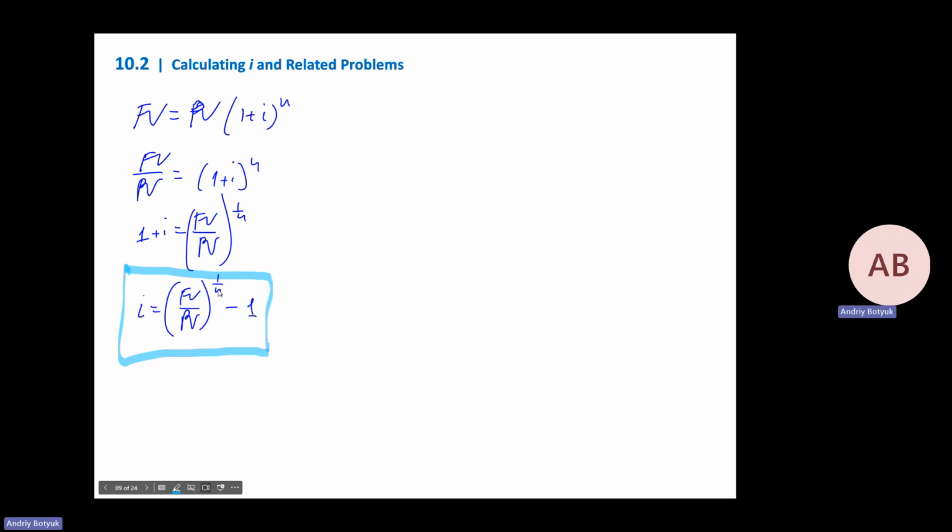One over n is the exponent. Well, did I show you how to calculate n with the calculator? Yes or no? No? Okay, so let's come back then.